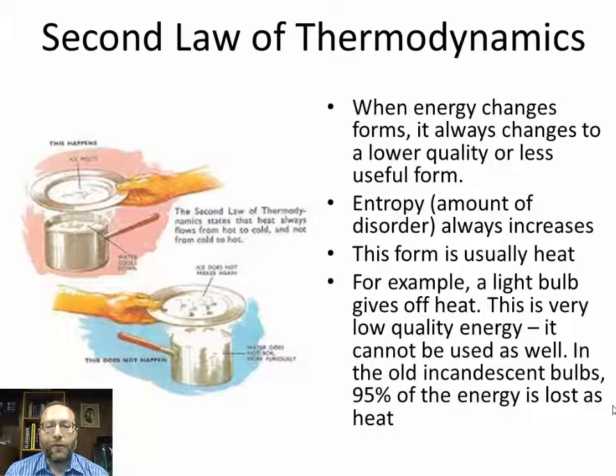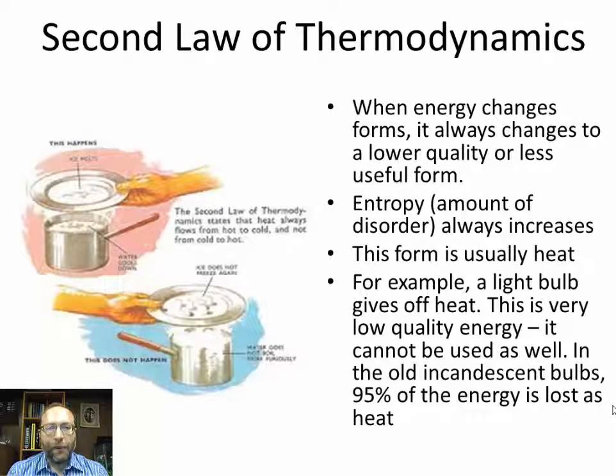This is called entropy. Entropy is the amount of disorder, and the second law of thermodynamics says that entropy always increases. The form is usually heat, but keep in mind that locally the entropy can decrease. It's when you look at it globally that it increases.